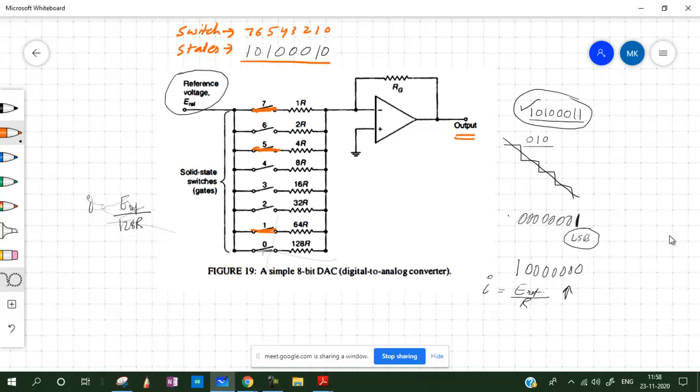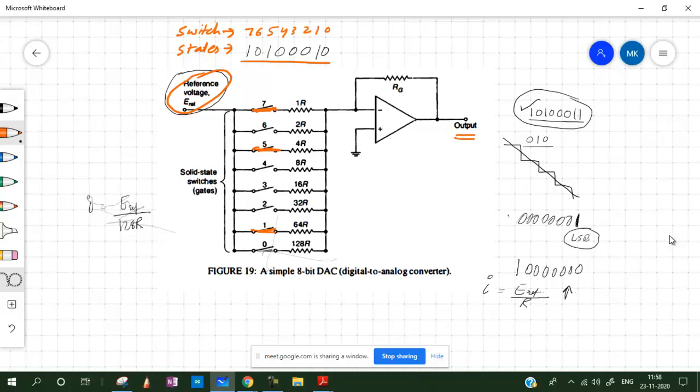So we basically require four basic elements. You can just list it like this. So reference voltage, this is one. Second is a ladder arrangement of resistors, which obviously vary in the form of 2 raised to the power 0 to 2 raised to the power 7 here for 8 bits. If we have a 3-bit digital to analog converter, we will have only 3 resistors here.